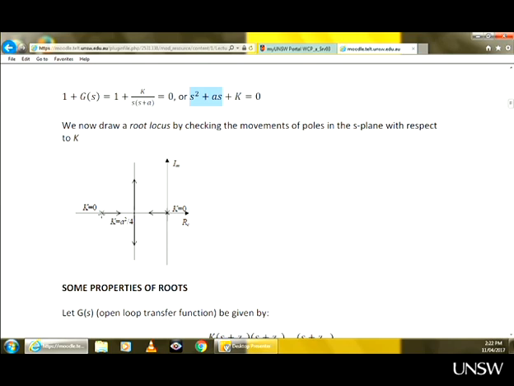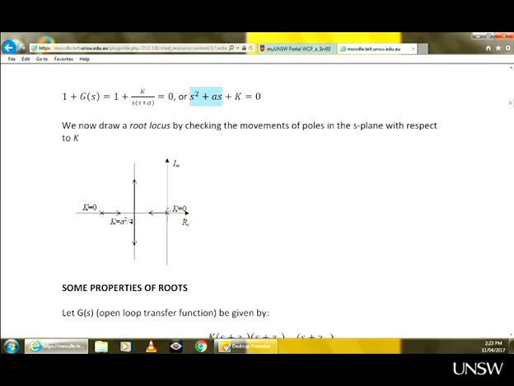Then if you use some trial and error procedure, so if you make k just a little bit greater than 0, k equals 0.01, you will see that this pole will move a little bit to the left. At the same time, this pole will move a little bit to the right. Now you keep increasing k, 0.02, 0.05, 0.1, and so on, and you will find that these poles are getting closer and closer to each other.